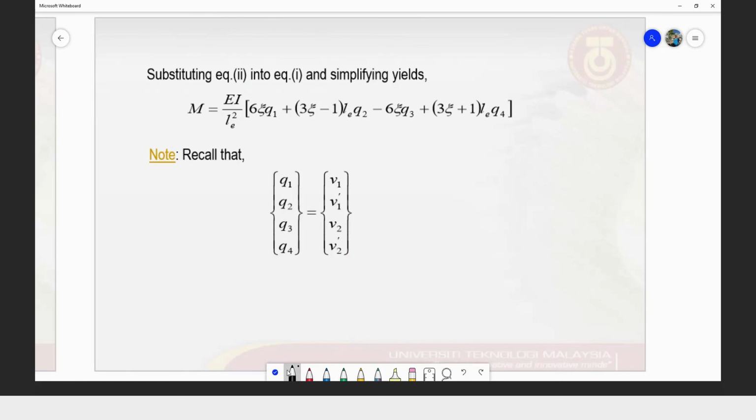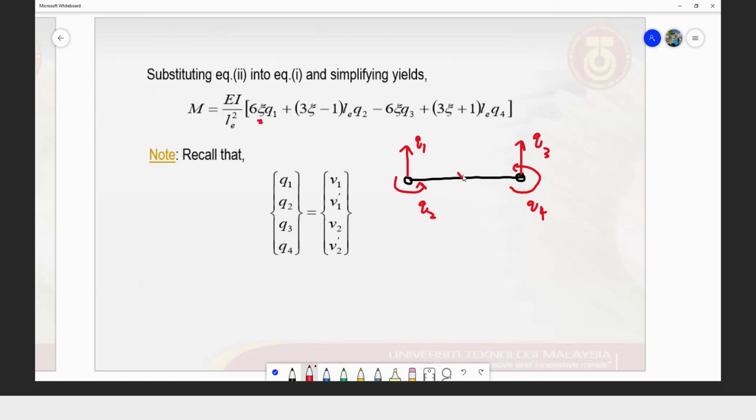So you can imagine we have calculated V and V prime, or in this case Q1, Q2, Q3 and Q4. These we have calculated from the system of linear equations just now. Now we want to determine how much the bending moment is within this element. Then we supply the Z information.